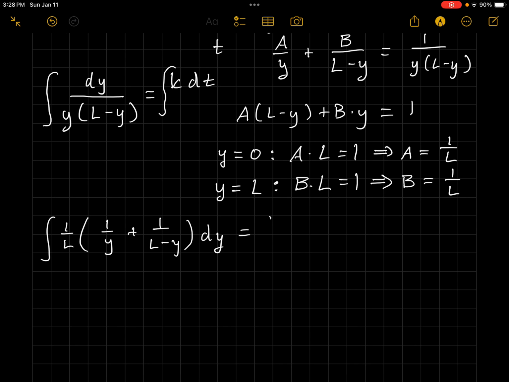And then the right side will give us k dt. Now remember, L here is a constant. It's some sort of limiting factor. It is the greatest population that could exist in that area, preserve, or whatever we're talking about.